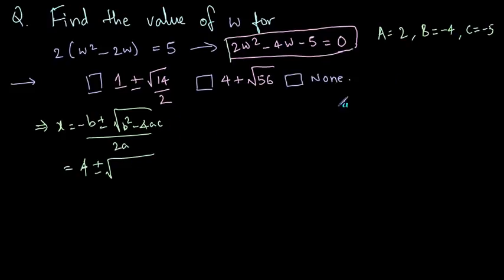Minus 4 the whole square is 16, minus of 4 into a, which is 2, into minus 5, upon 2 into 2.